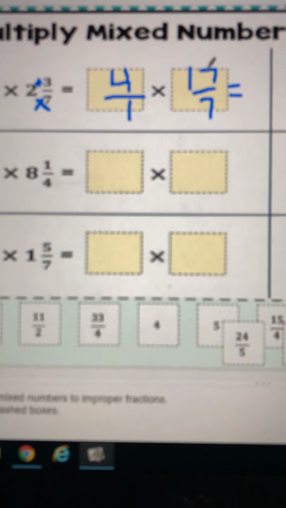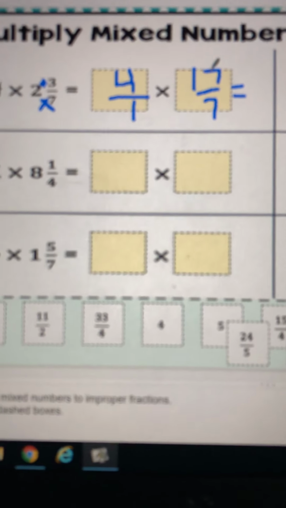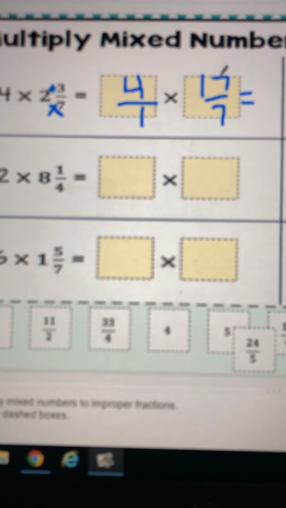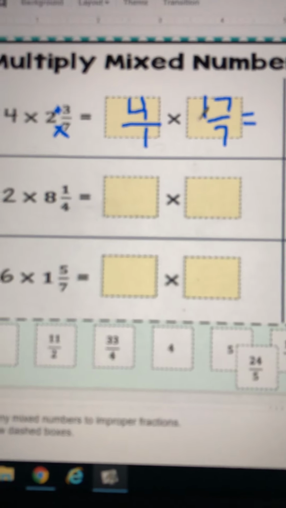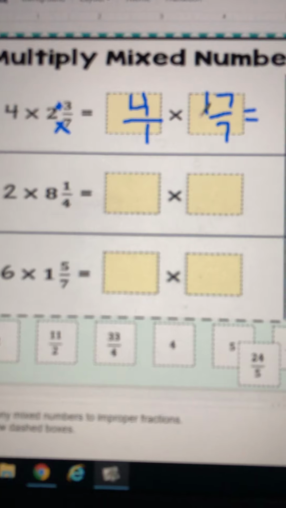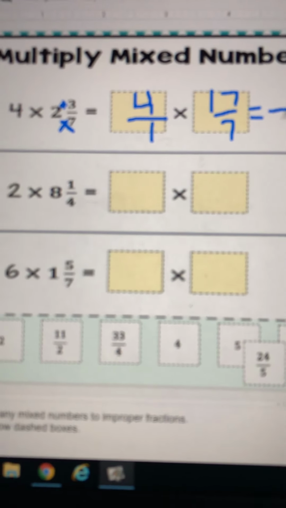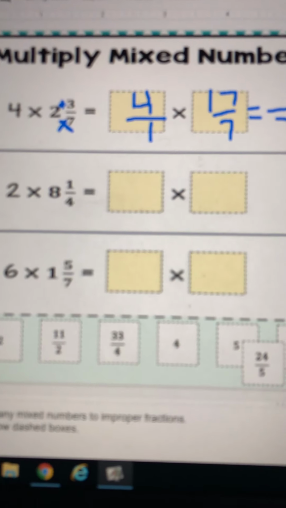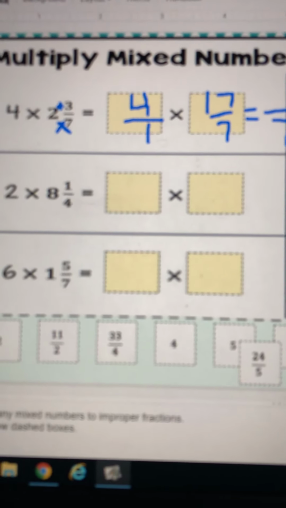Can I make either one of those smaller by dividing both of those numbers by something other than 1? Nope, it won't work. Remember, this is like your least common multiple or your greatest common factor. So I'm going to multiply straight across. I know 1 times 7 is 7. So then I'm going to figure out 4 times 17.